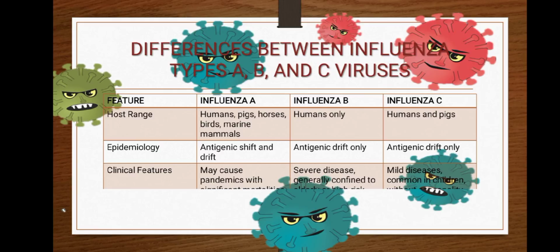Next, these are the differences between influenza types A, B, and C viruses. Host range. In influenza A, humans, pigs, horses, birds, marine mammals. And in influenza B, humans only. And influenza C, humans and pigs.